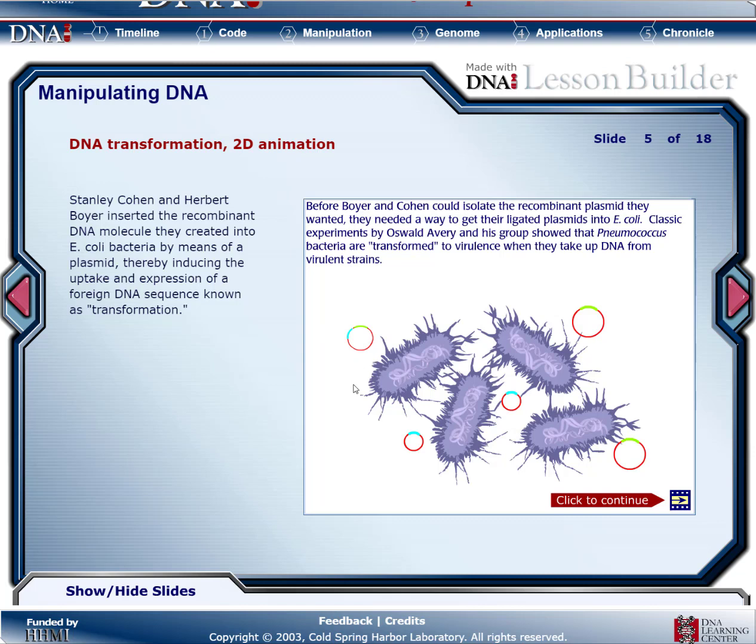Before Boyer and Cohen could isolate the recombinant plasmid they wanted, they needed a way to get their ligated plasmids into E. coli. Classic experiments by Oswald Avery and his group showed that pneumococcus bacteria are transformed to virulence when they take up DNA from virulent strains.